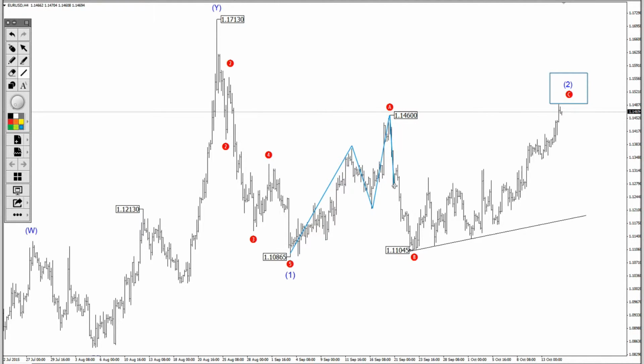So we can make out that structure, 3 waves for the A wave. That's the 114.6 peak, then 3 waves down to 111.045 and now all the way towards 114.88, and it seems that this is not yet completed.